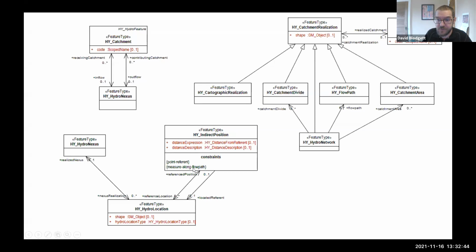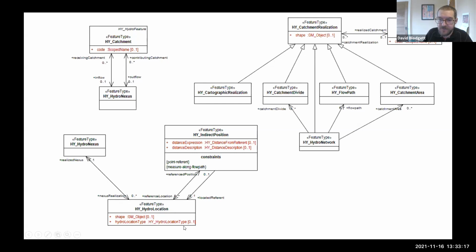But they're special sorts of attributes that relate to the role of the class in the rest of the model. And so what we're looking at right now is the nexus and catchment classes and how they relate in this system via inflow, outflow, contributing, receiving kind of relationships. And then this bottom little diagram is how the hydrolocation feature relates to a hydronexus.